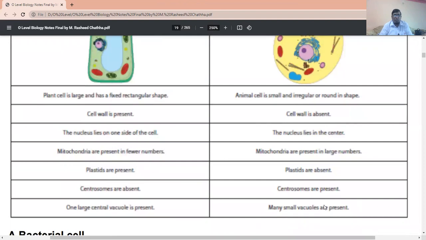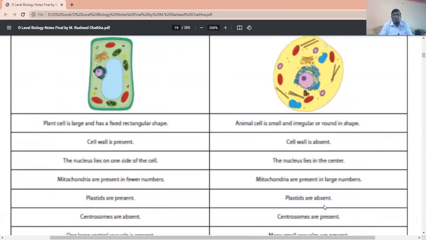For example, size, shape, and some other organelles. If we talk about the differences between animal and plant cells, the plant cell is large and has a fixed rectangular shape, whereas animal cell is small and irregular or round in shape.